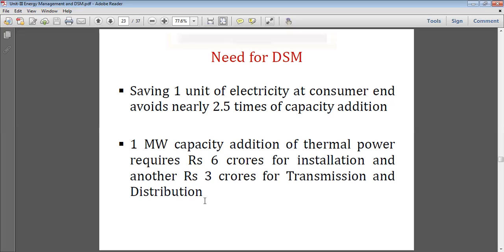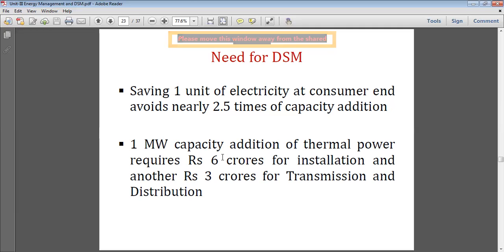If you want to install 600 megawatt capacity, then 3600 crores are needed for the installation of the power plant, and to evacuate the power or transmit it to the load center, you have to add some transmission capacity, because the existing transmission capacity is not adequate. Since you are increasing the generation, you have to increase the capacity of the transmission line.